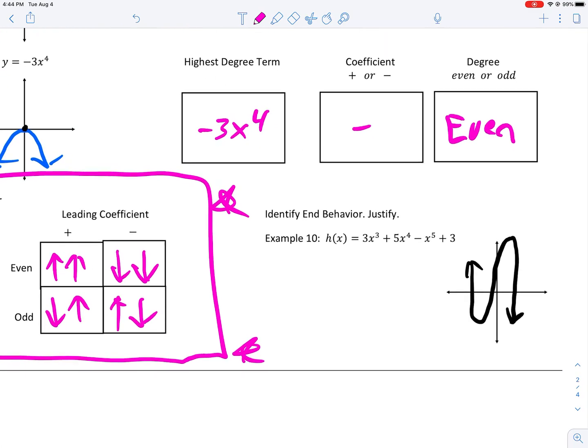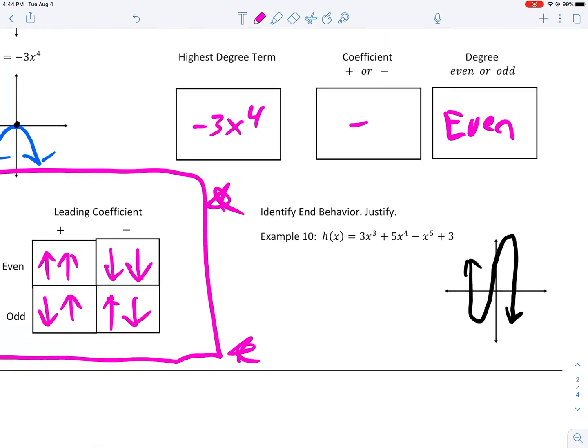Okay, so we're going to identify the end behavior and justify it. Again, I already sketched this graph out using Desmos, but if you want to go and double check, you can. So the end behavior, well, let's figure out, would be negative x to the 5th. So it would be odd, and it's a negative coefficient.